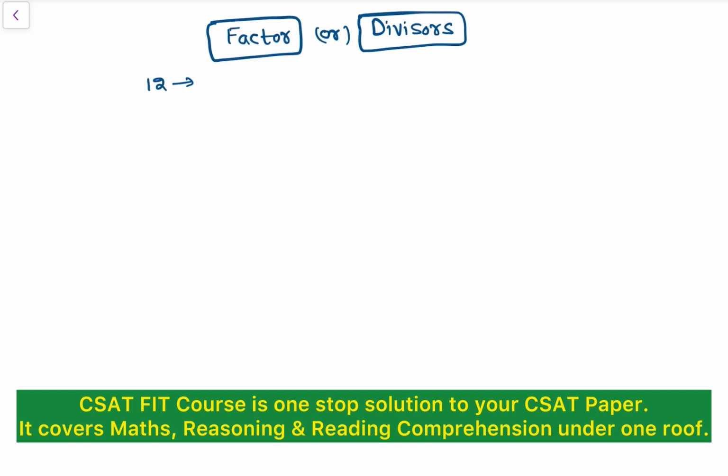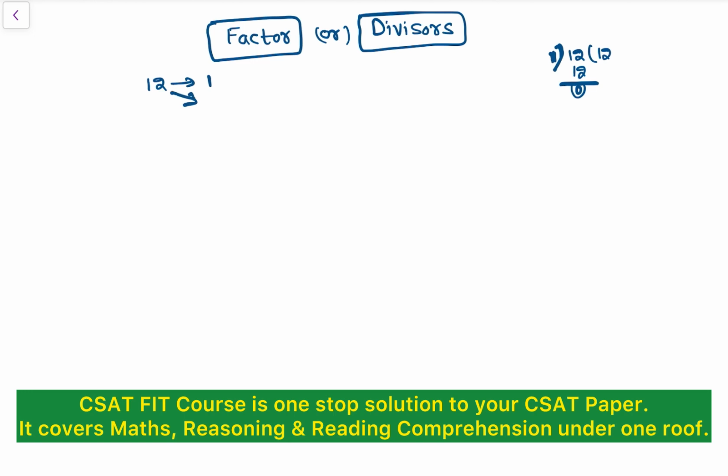So say 12, the factors or divisors of 12 are what? 1, because जो 1 table में 12 आता है, and if we divide 12 by 1, remainder would be 0. 1 12s are 12, so remainder would be 0. So any number when it divides another number and the remainder is 0, that is called a factor.